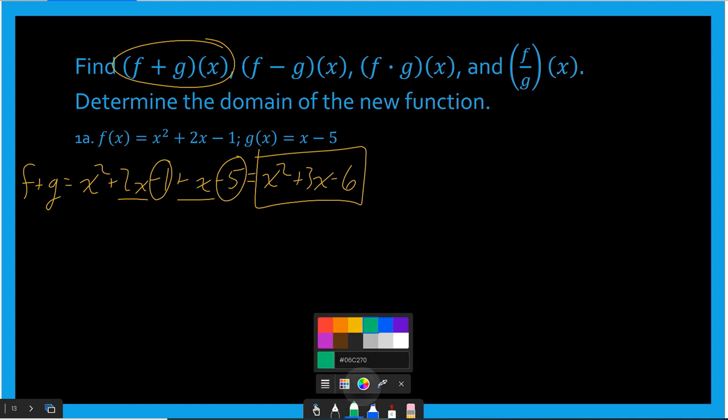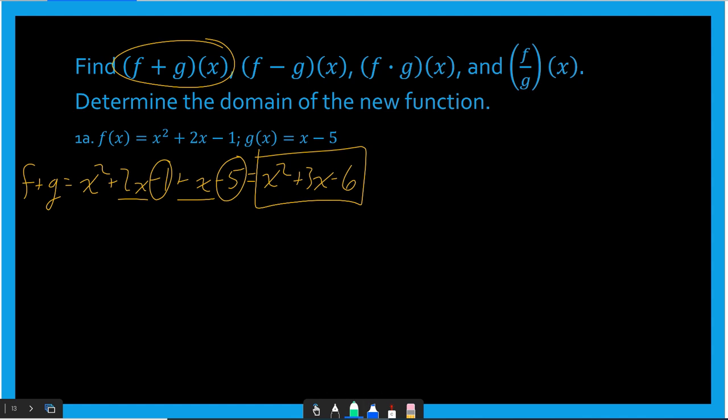Alright, so let's go ahead and do f minus g. So f minus g of x. So this time I'm going to subtract them. x squared plus 2x minus 1 minus, and I need to make sure x minus 5 goes in parentheses. Alright, and this one we can distribute that negative.